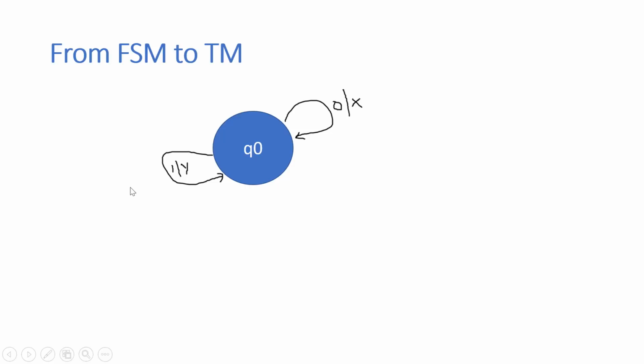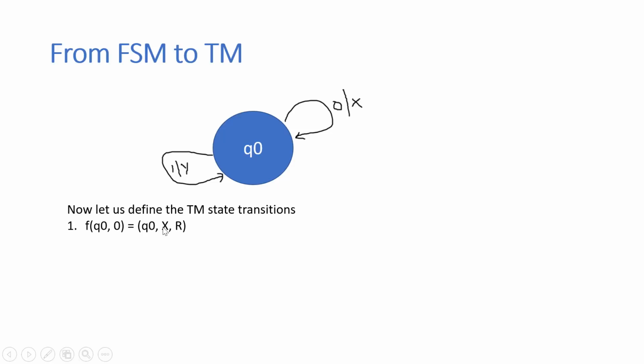So in fact, now I'm going to take this finite state machine and try to design a bunch of transition functions that defines the Turing machine. So let's define the Turing machine with the state transitions. This one says that if you are in Q naught and if you see a 0, you write an x and move to the right.